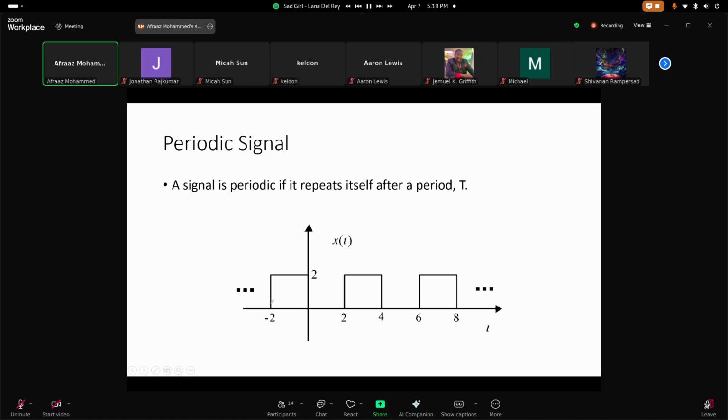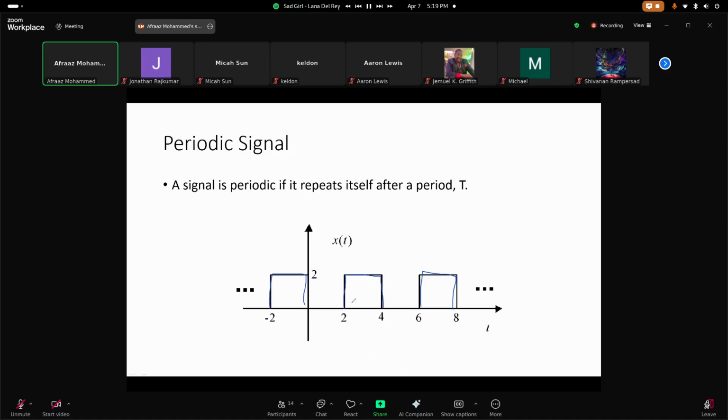From -2 to 0, this is a shape. 2 seconds later, you have the same shape, and 2 seconds after that, you have the same shape. And the signal continues. So that is a periodic signal, a signal that repeats itself after some time.